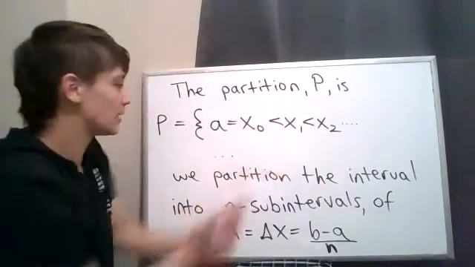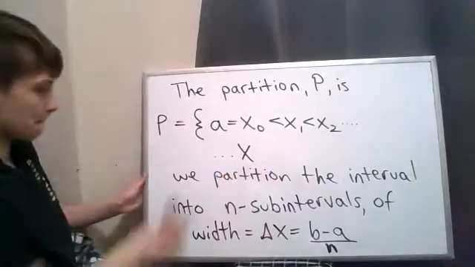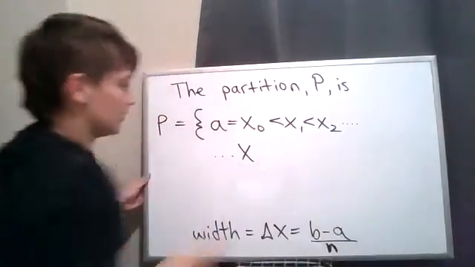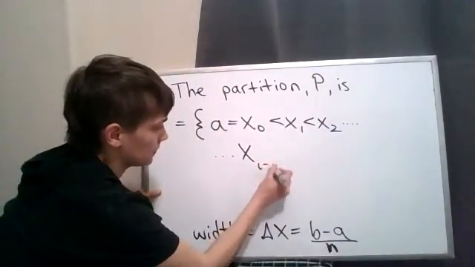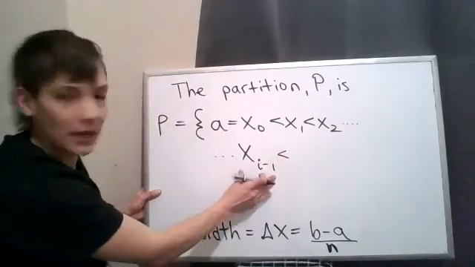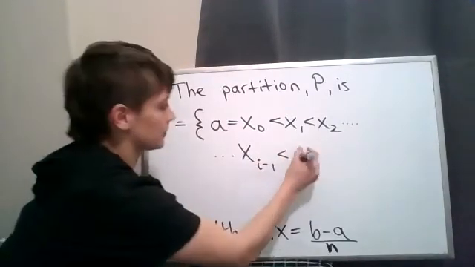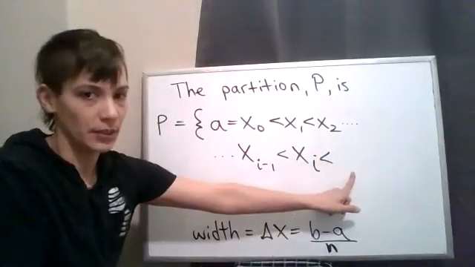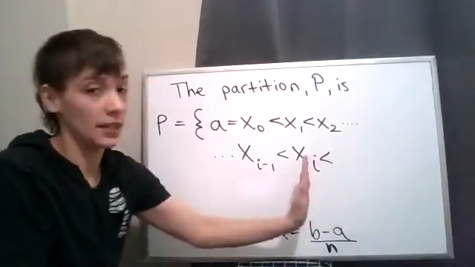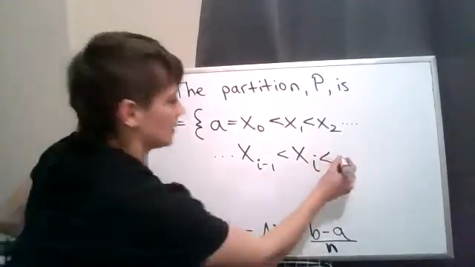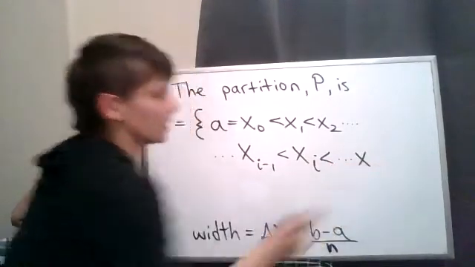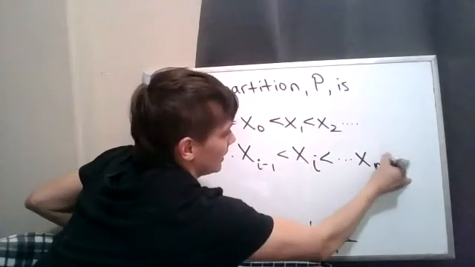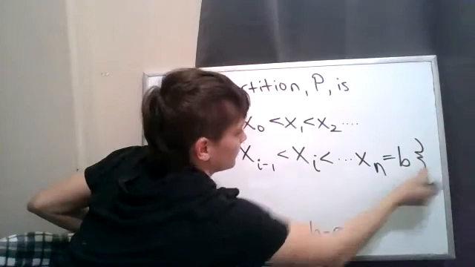After that is x sub i. x sub i minus 1 is less than x sub i. After that would be x sub i plus 1, x sub i plus 2, until you get to x sub n, just plain old n. That's called b. Let me close this set.